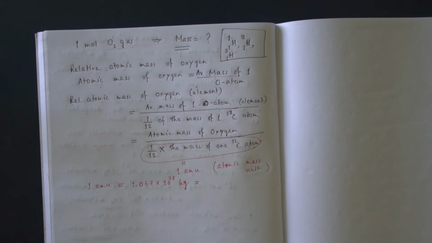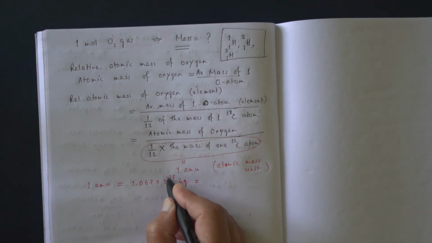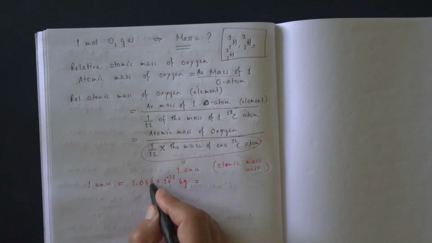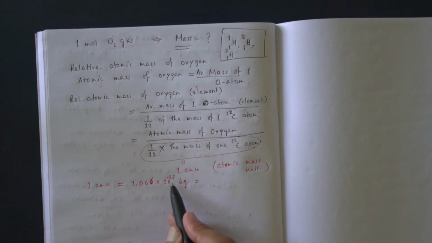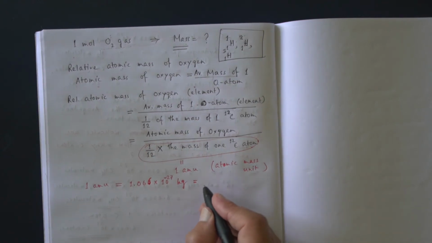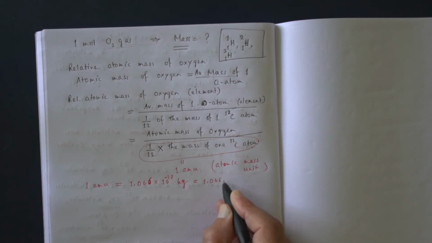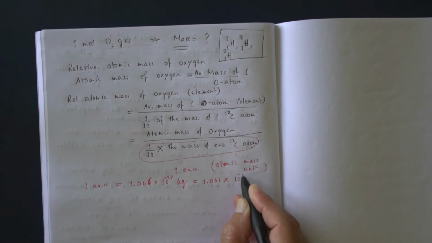Okay, 1.66 into 10 to the power minus 27 kg. And in CGS this will be 1.66 into 10 to the power minus 24 gram.